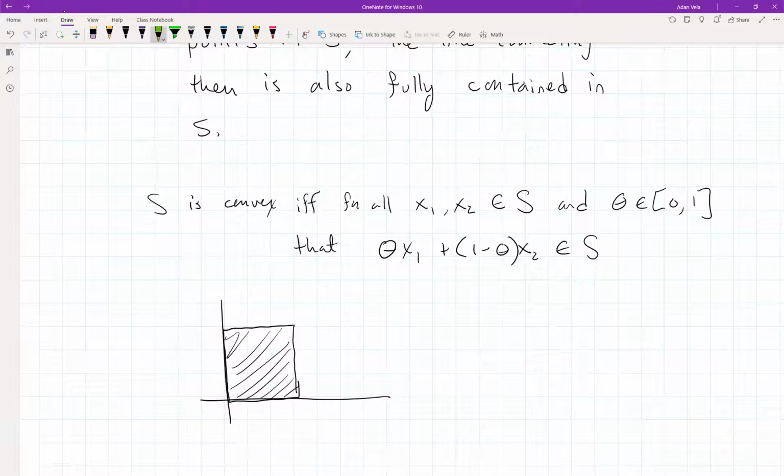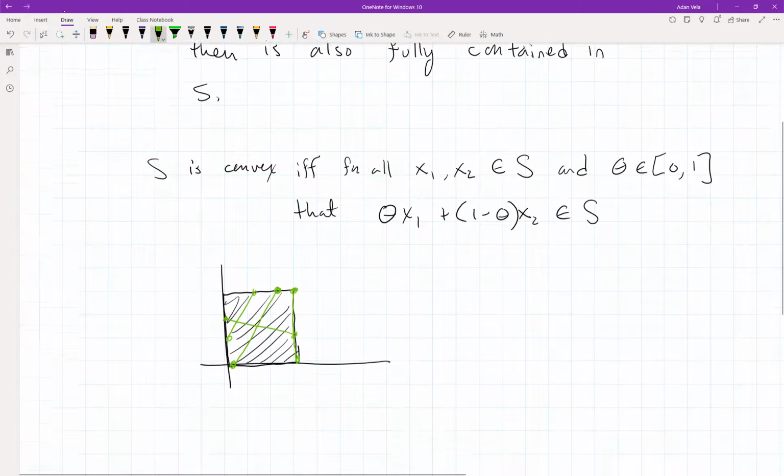I could pick any 2 points arbitrarily and draw a line connecting them, and that line stays within the feasible set. And it doesn't matter where I pick my points within the set, it's always going to stay inside. So that's our test to figure out if something is convex.